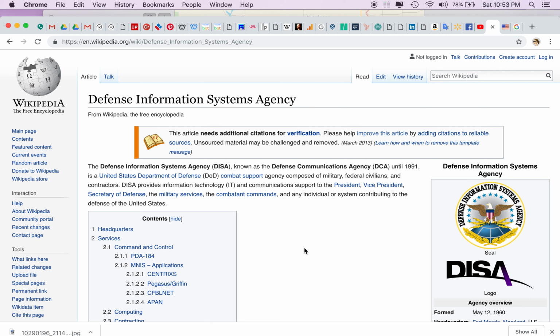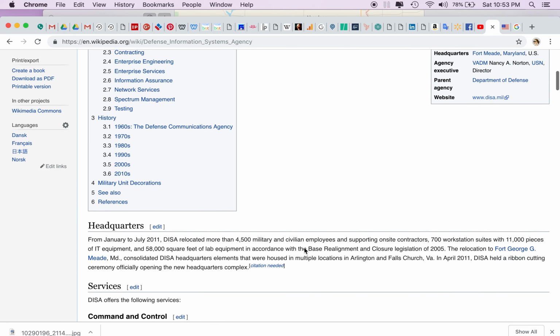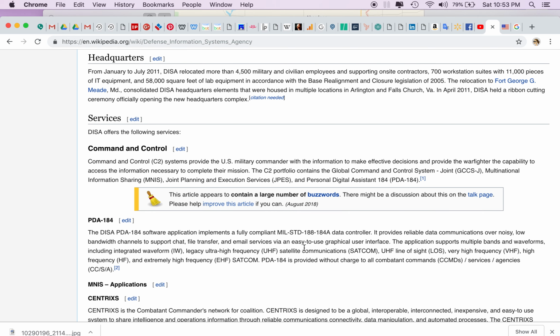As you guys can read here, it's composed of military, federal civilians, and contractors, which is the person that said it was going to ruin my life, and he has certainly done it. Services are command and control systems that provide the U.S. military commanders with information.